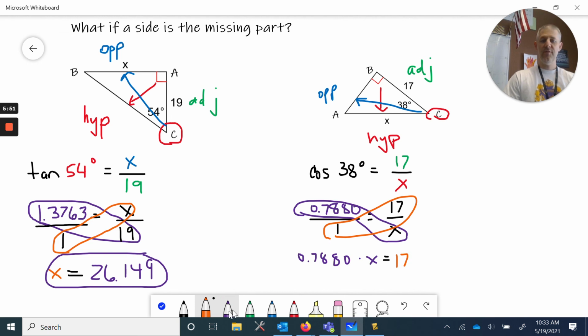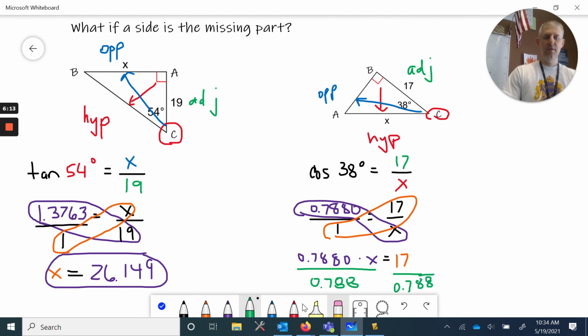Now to solve, we have to divide both sides by this decimal. Since we have that decimal multiplied by X, we're going to play our opposite game and do the opposite of multiply, which is divide. Now it's just calculator work, and we'll figure out what our missing side is.